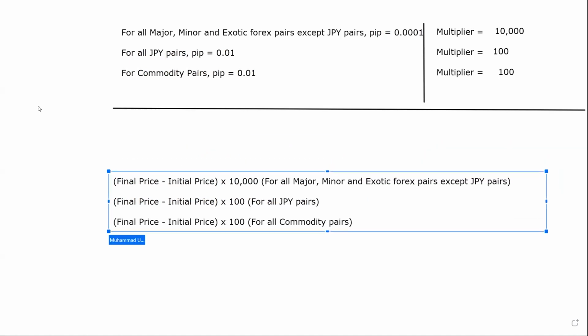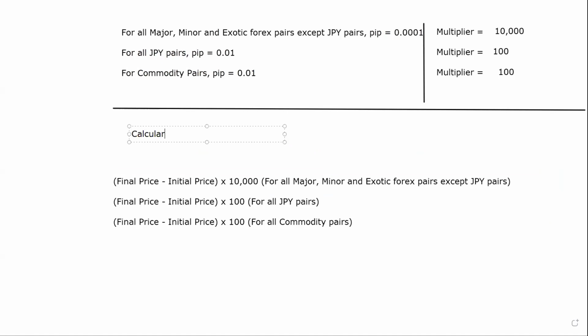These are the formulas for calculating price movements across the major, minor, and exotic forex pairs, excluding the JPY pairs. This formula is for all JPY pairs, and this formula is for all commodity pairs.